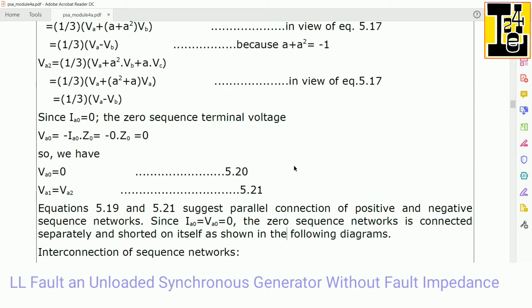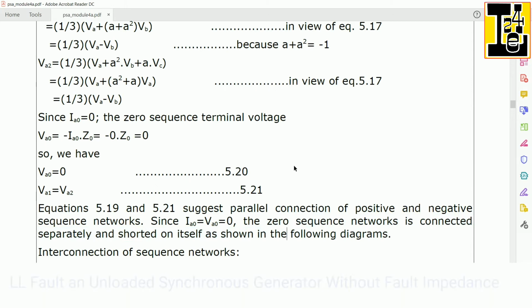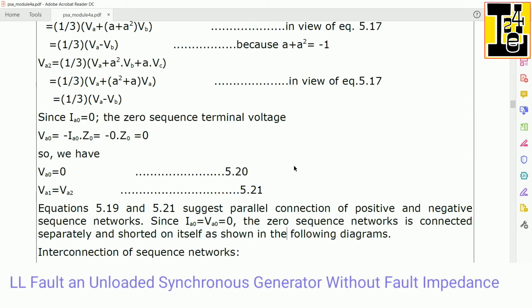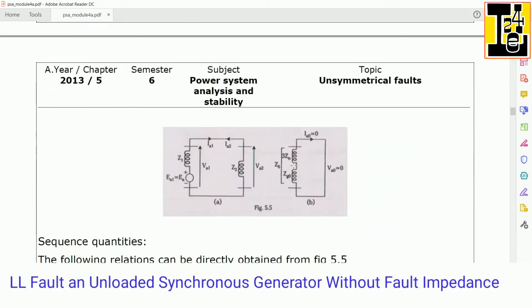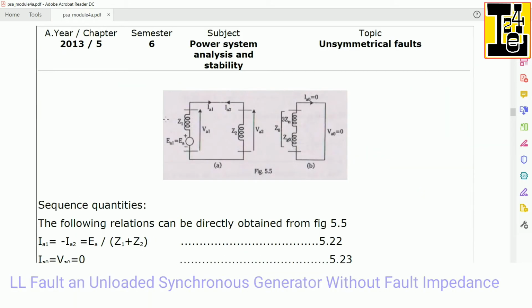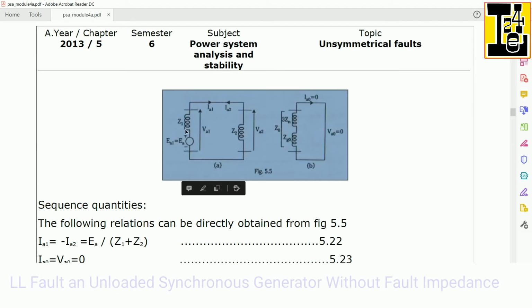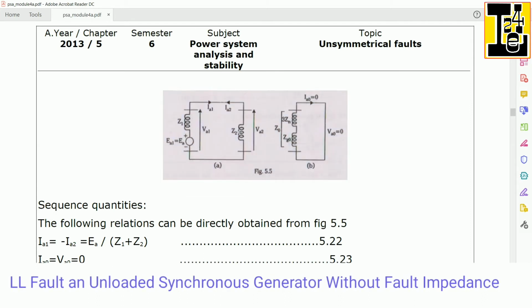Let us draw the interconnection of sequence networks by these relations. So as I said, the positive sequence network and the negative sequence network are connected in parallel. Here the voltage across this positive sequence network, that is the terminal voltage, is VA1, and the terminal voltage here is VA2, both are equal.